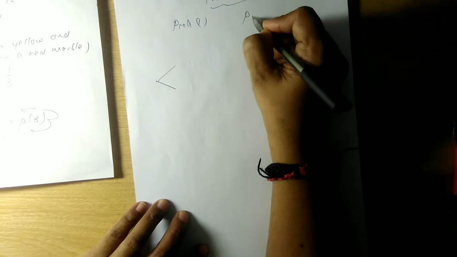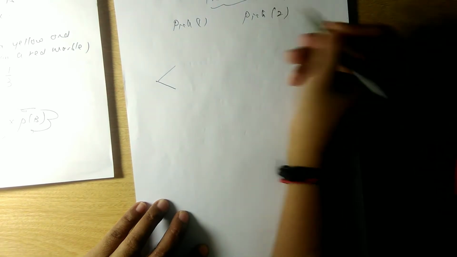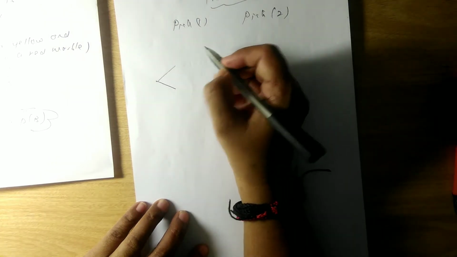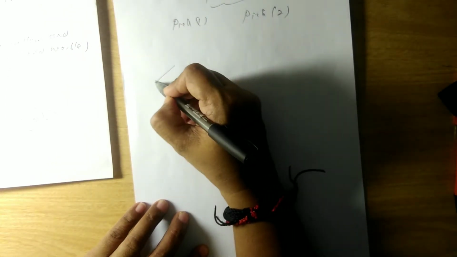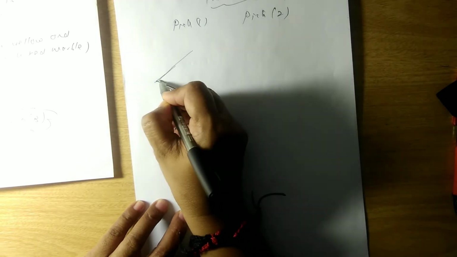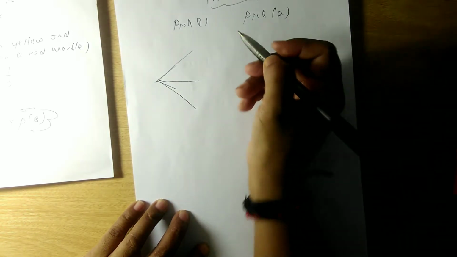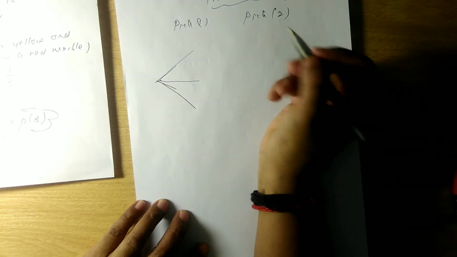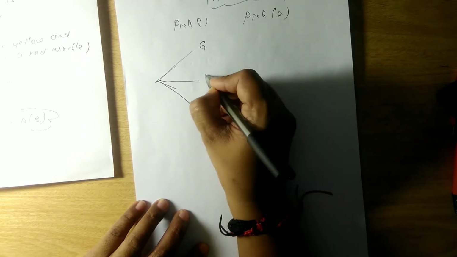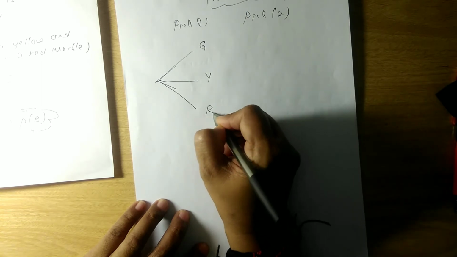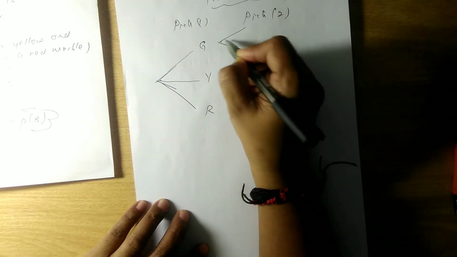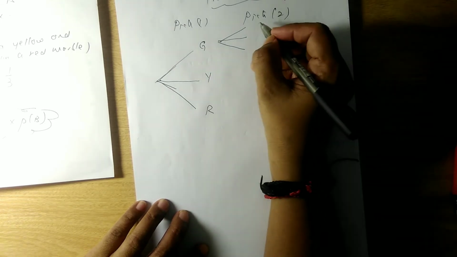Then this is my second. In my first pick, the number of branches represents the number of outcomes that I have. So I can pick a green marble, a yellow marble, or a red marble. And for my second pick, same thing, because all the marbles are returned, so the colors remain the same.